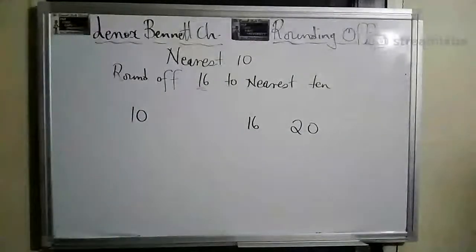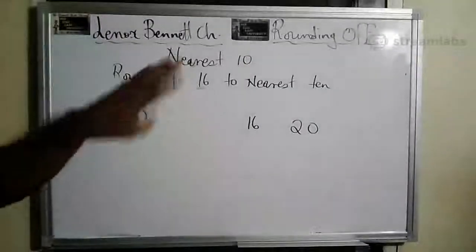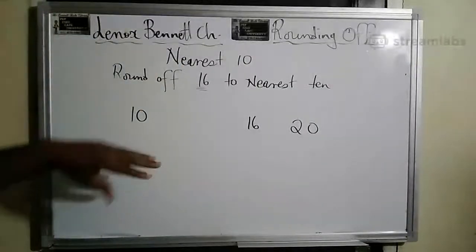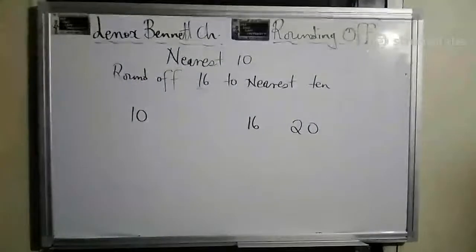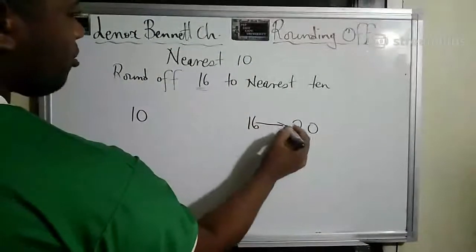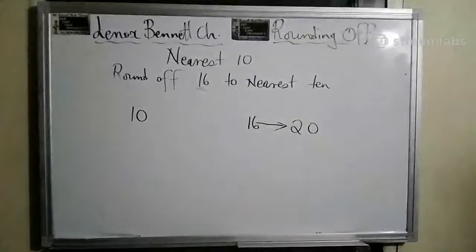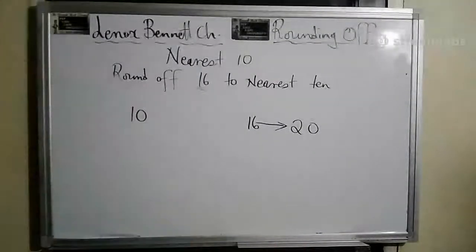That is all rounding off is asking of us. So it's really distance. From a practical standpoint, rounding off is very simple. So the answer would be 20, which means 16 is closer to 20.